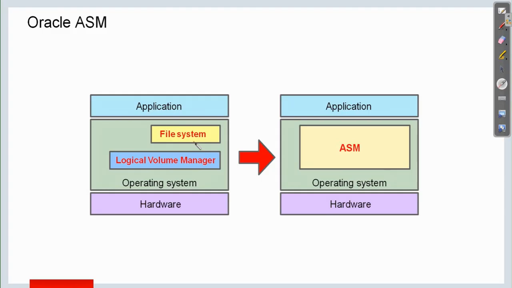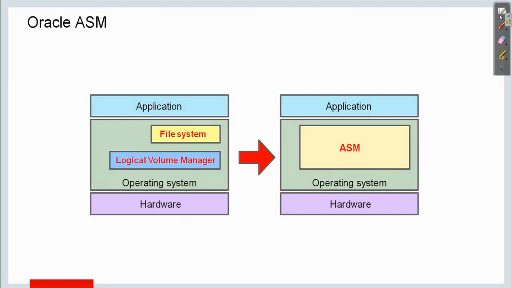But with ASM storage, the file system is a part of ASM, the logical volume manager is part of ASM, and the underlying storage is part of ASM. So we can simplify storage management.